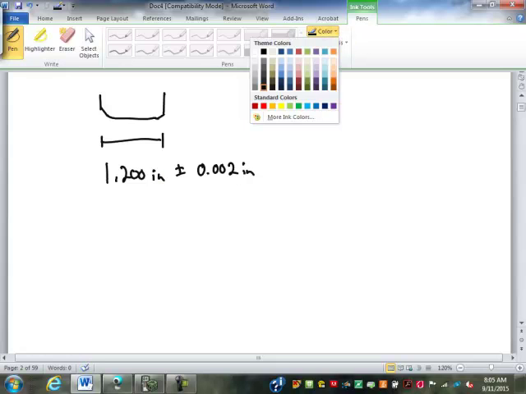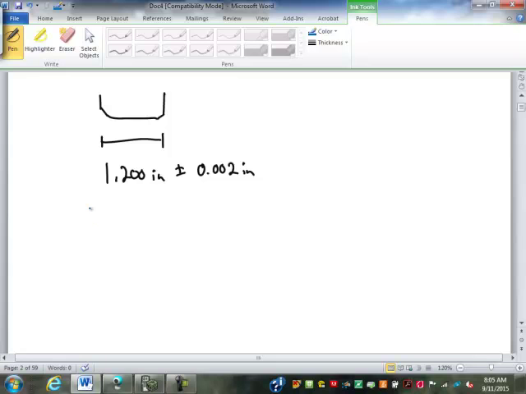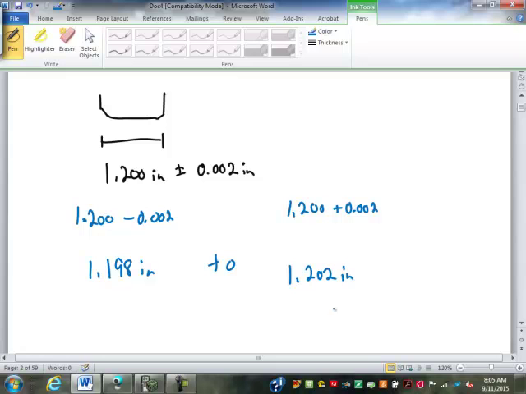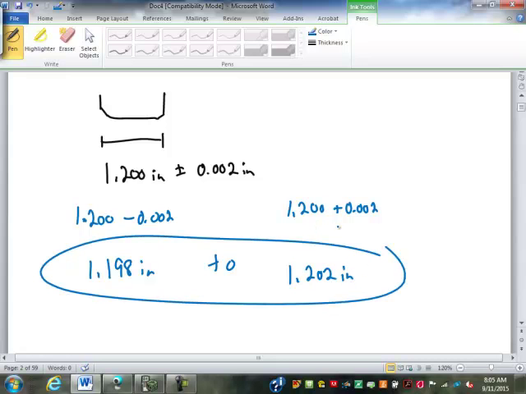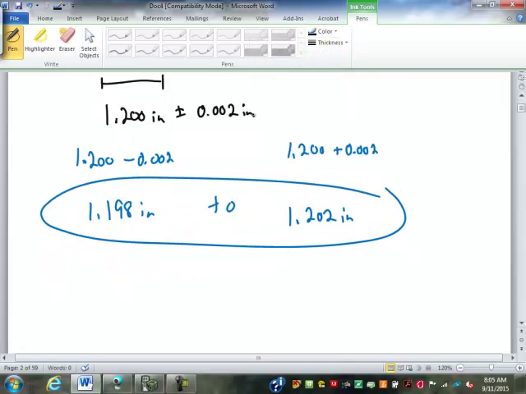What was the possible range of values there? Well, 1.2 inches minus 2 thousandths would be 1.198 inches, to 1.2 inches plus 2 thousandths, which is 1.202 inches. Correct? Look familiar?